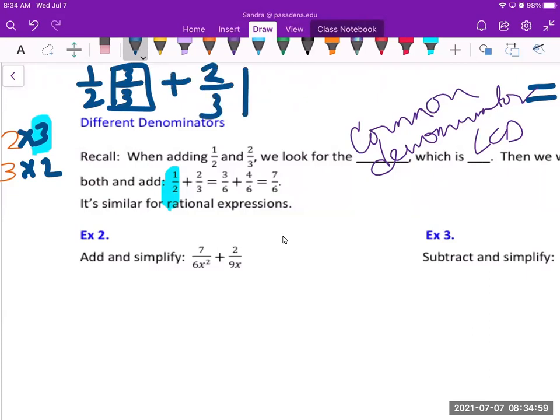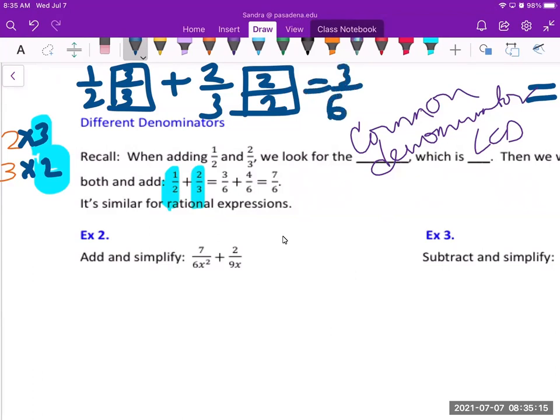And I'm going to multiply those 2/3 by this other number that we were able to find, which is the 2, numerator and denominator by 2. And so now 1 times 3, that will give me a 3. 2 times 3 gives me a 6. 2 times 2 gives me a 4. And then 3 times 2 gives me that 6.